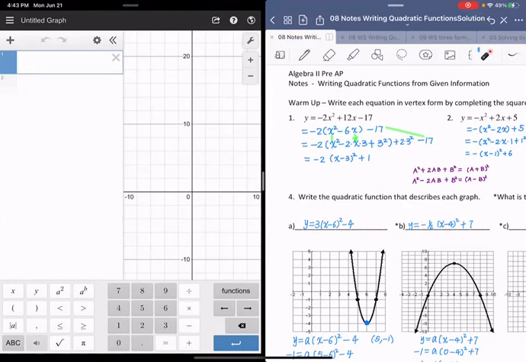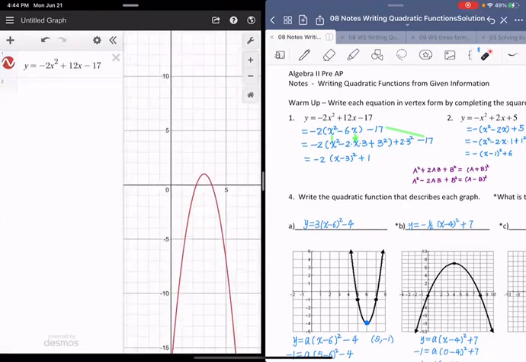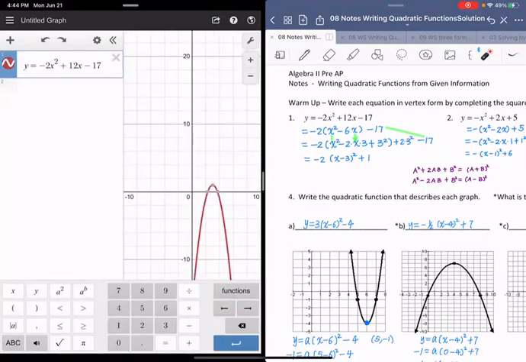When you go to this website, you can type in y equals negative 2x squared plus 12x minus 17. Okay, and this is the standard format.